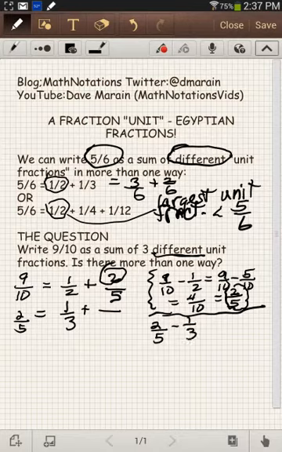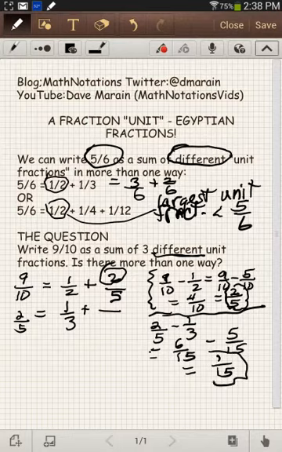Common denominator 15. So that's 6/15 minus 5/15, which is 1/15. And that's what we'll put up here, 1/15.